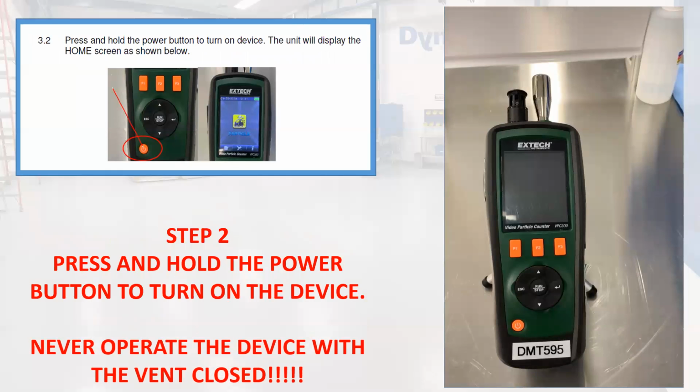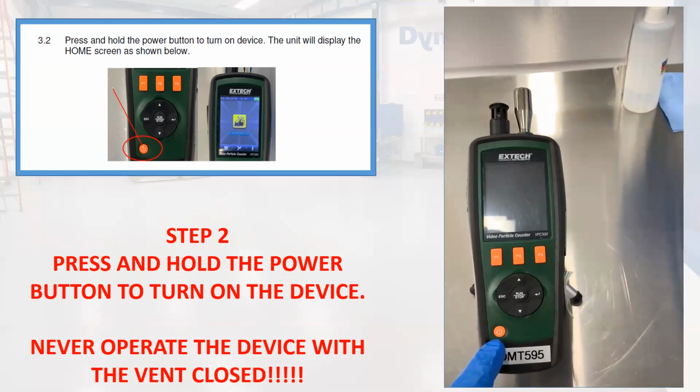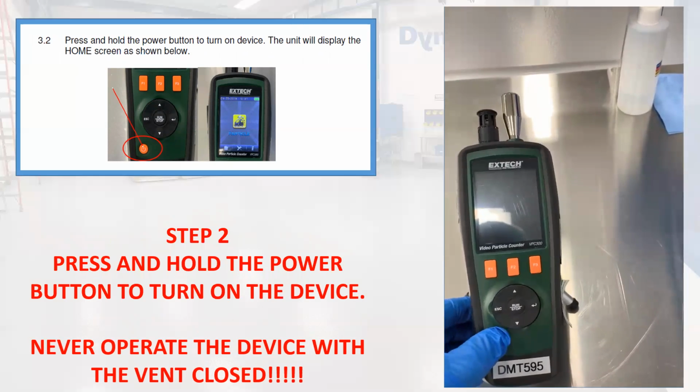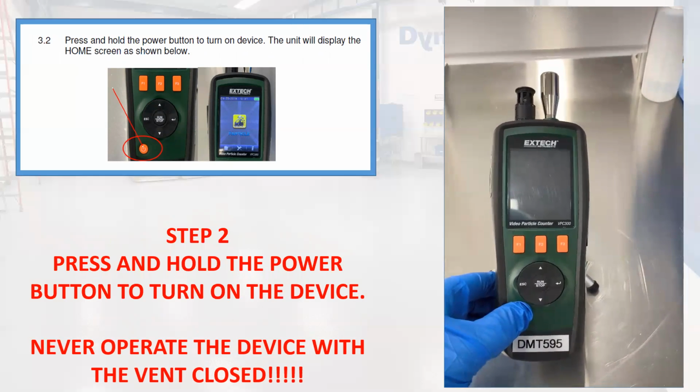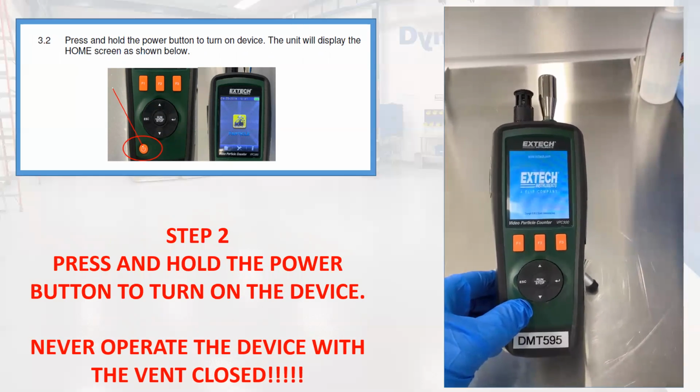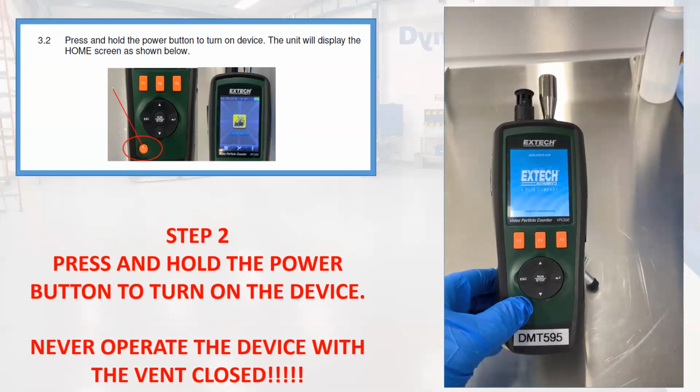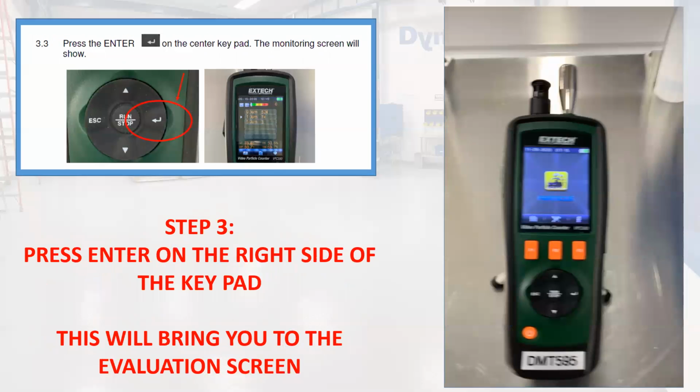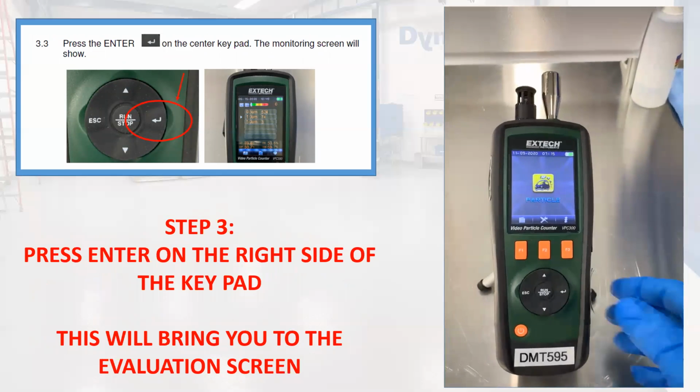Step 2, press and hold the power button to turn on the device. Again, ensure that you have already opened the vent. Step 3, press enter on the right side of the keypad. This will bring you to the evaluation screen.